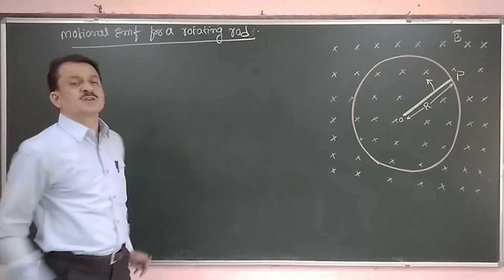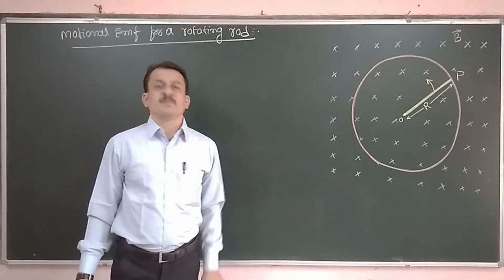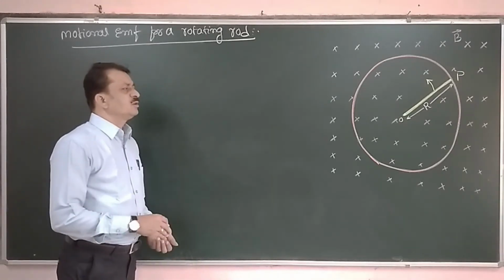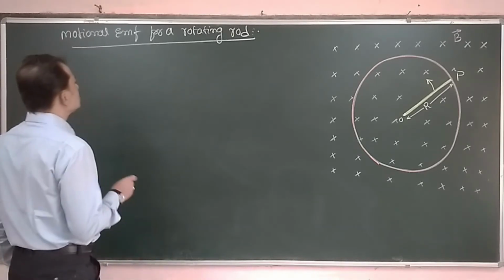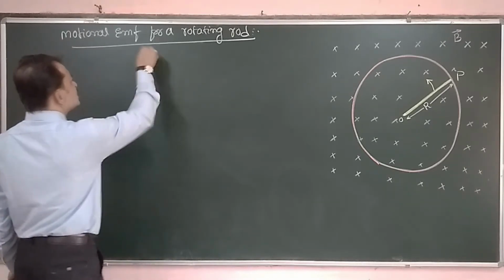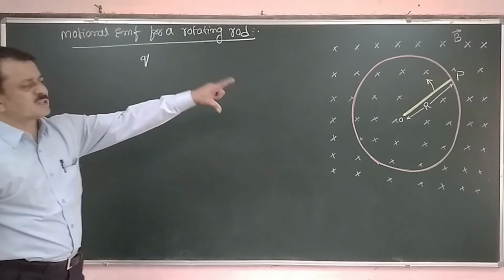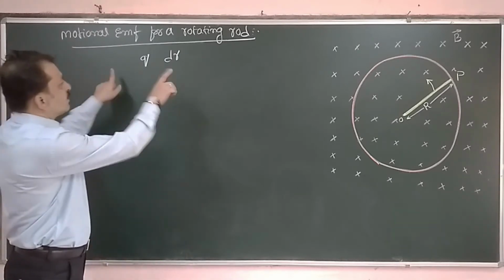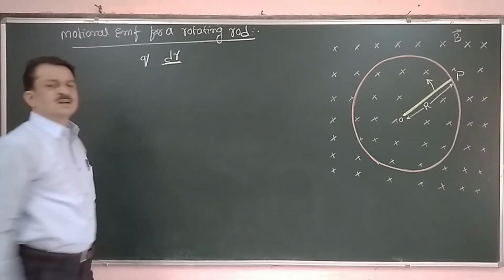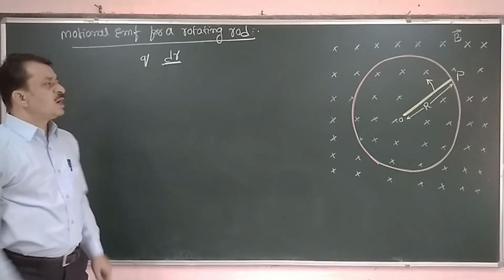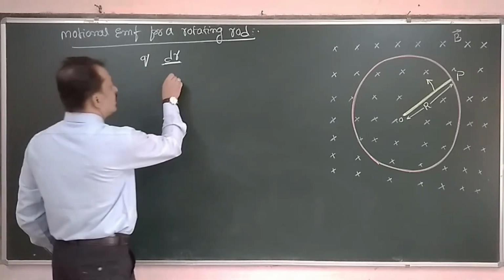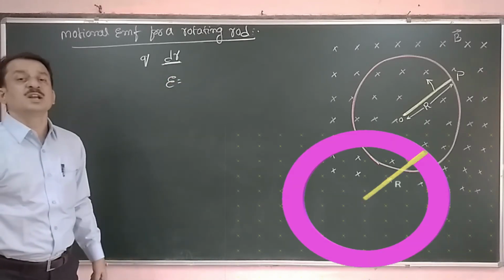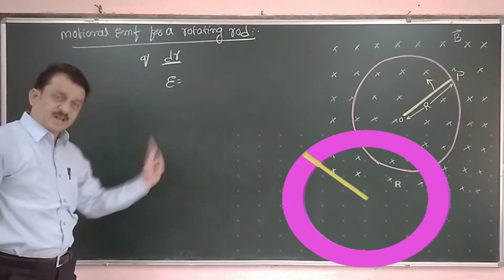Now this separation of charge induces an EMF, that is motional EMF. Now let us assume that initially a charge is displaced through a small distance dr. The charges are separated through a small distance dr. As and when the charges are separated, an EMF is induced. That we call motional EMF. Now the rod is rotating.